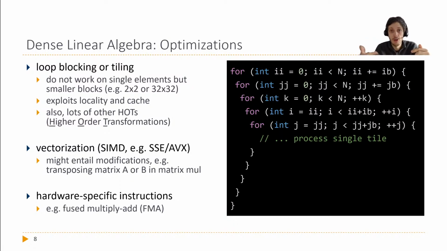Otherwise you multiply, round, then add the value and round again. That will introduce additional errors in floating point numbers. So FMAs, that's why they call it fused multiply and add. You do the multiplication with 80 bits precision or something, then you do the addition and then you round to 64 bits. But by offering this as a single instruction, it's also a little bit faster compared to doing 2 separate instructions.